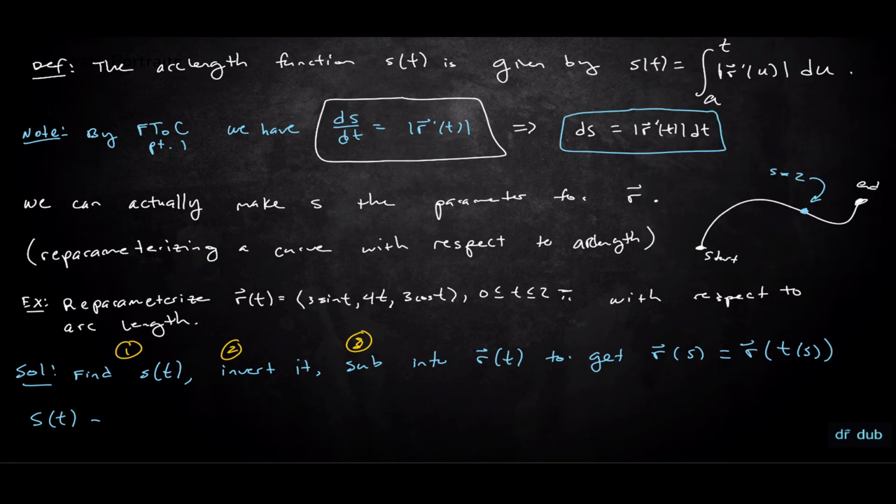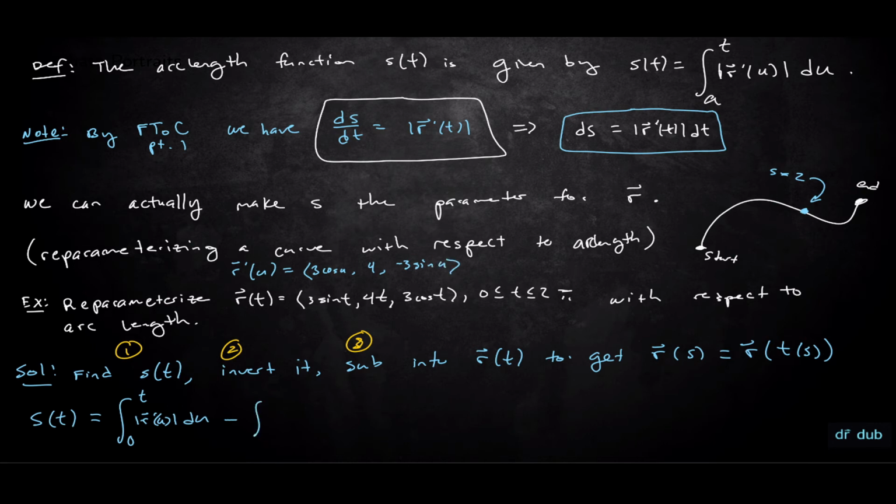So s of t is going to be the integral from 0 to t of the magnitude of r prime of u du. So I'm going to rewrite it as r prime of u. r prime of u will be equal to 3 cosine u, 4, and negative 3 sine u.